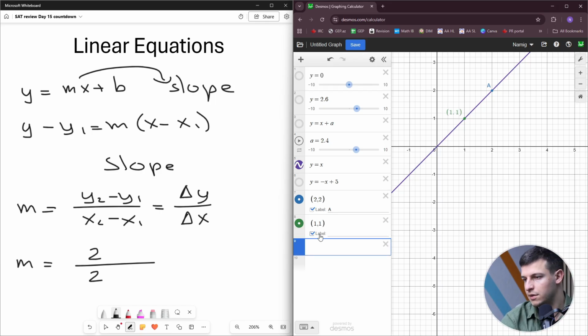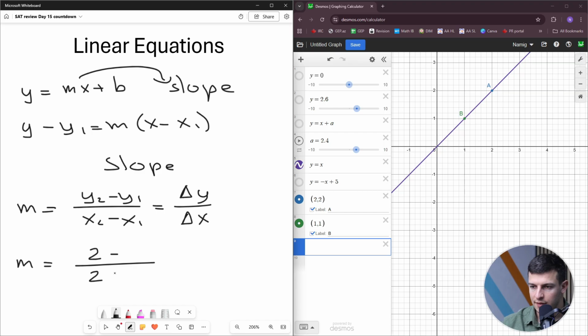I'm going to call this one B, and work with these. So, again, the x and y coordinate of B is 1 and 1. So, I'm left with 2 minus 1 is 1, divided by 2 minus 1, which is 1. I'm left with 1. So, my slope is 1.